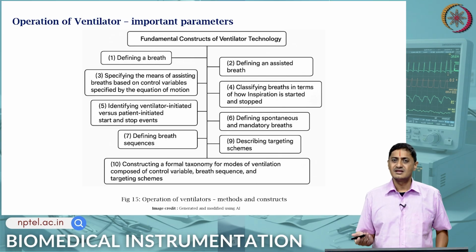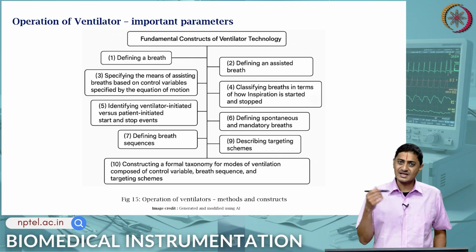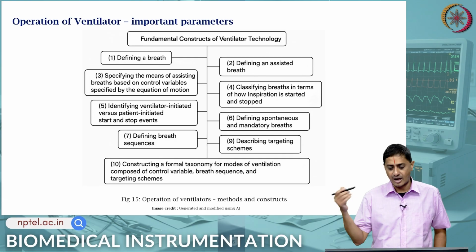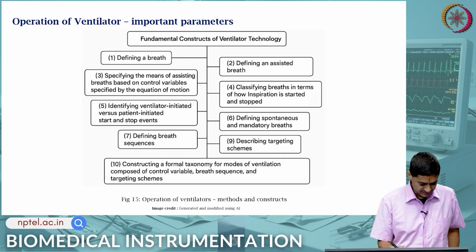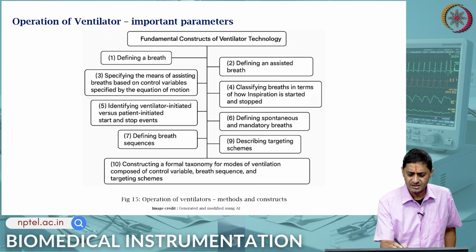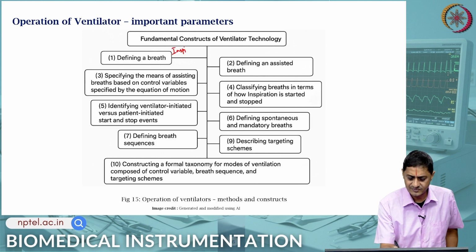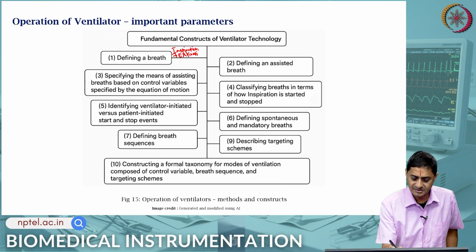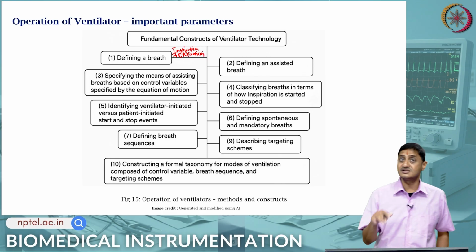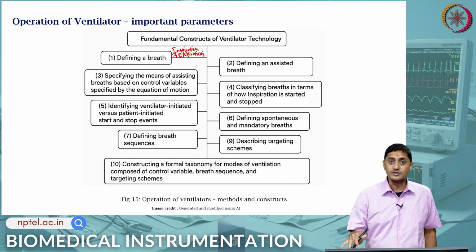One inspiration, that is one time when you take air in, and one time when you breathe air out. This is called a breath. This is a fundamental unit of ventilation. Inspiration plus expiration, the cycle, is called a breath. One breath is not just taking in, it also includes expiration.